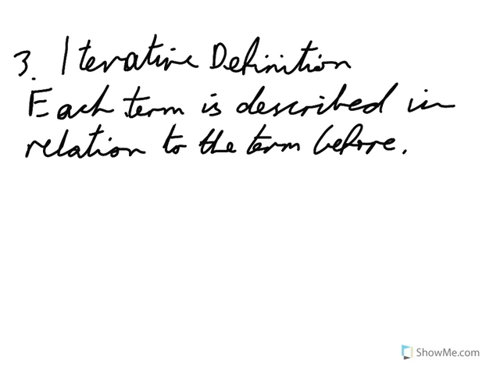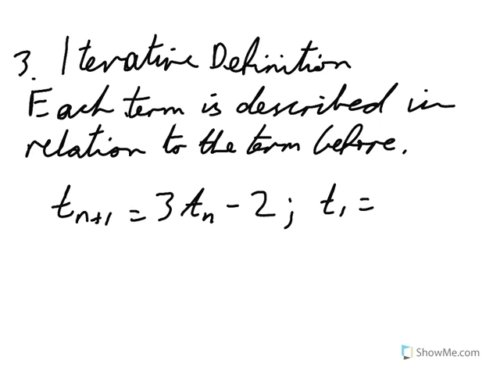Something like this, for example: term n plus 1 is, say, 3 times term n minus 2. Now, here we need to know, if we're after, say, the second term, what the first term was. So for these iterative definitions, you need to be given a starting point. Say this one here, term 1 is equal to 6.